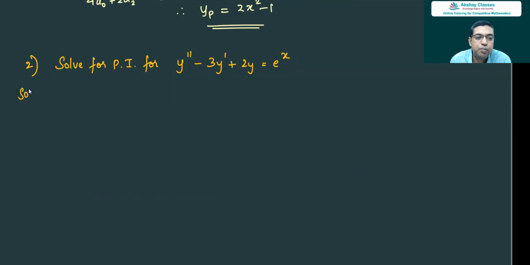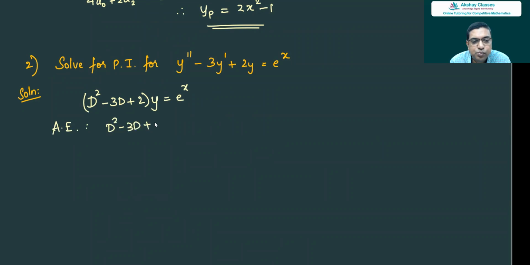Now, important, you have D squared minus 3D plus 2 times y equal to e^x. The auxiliary equation is D squared minus 3D plus 2 equal to 0, which implies (D minus 1)(D minus 2) equal to 0, so D is equal to 1, 2.